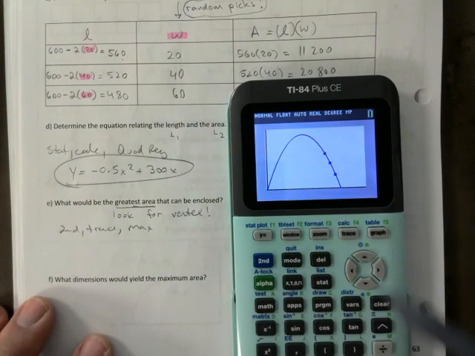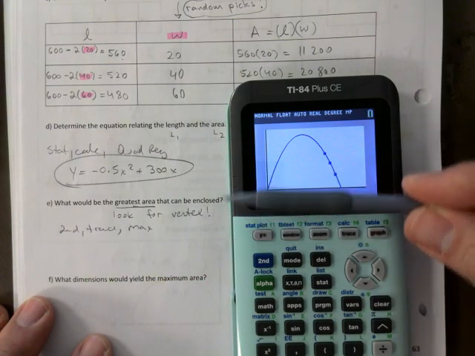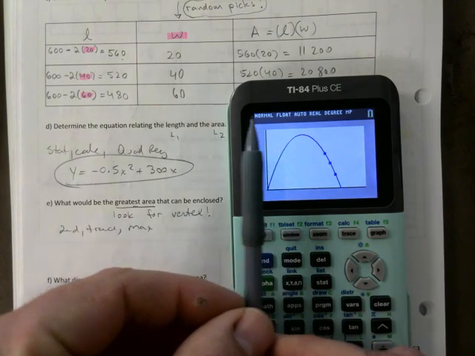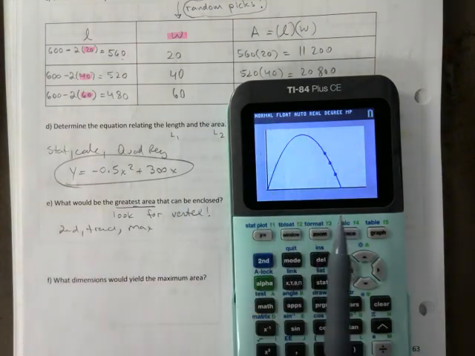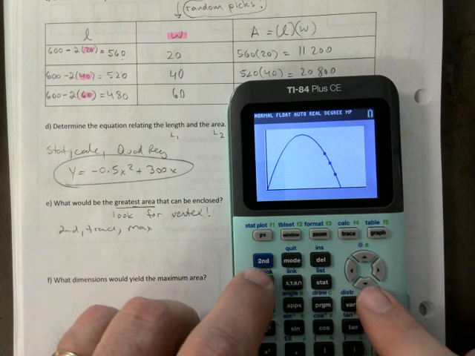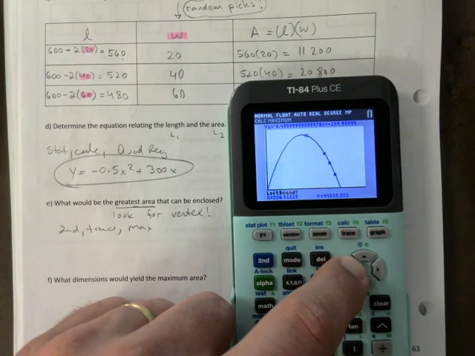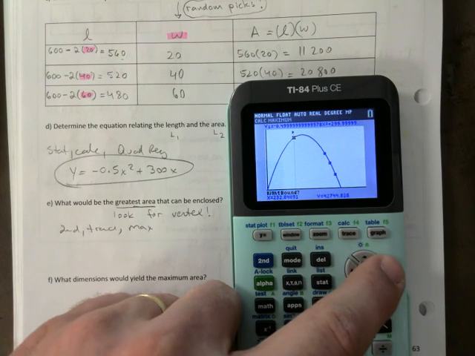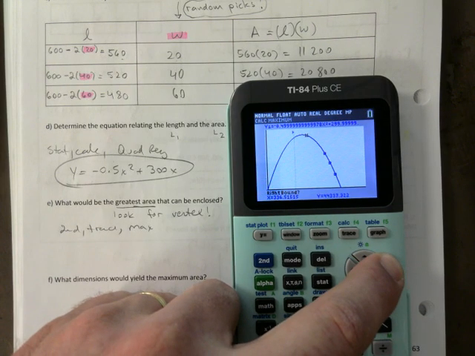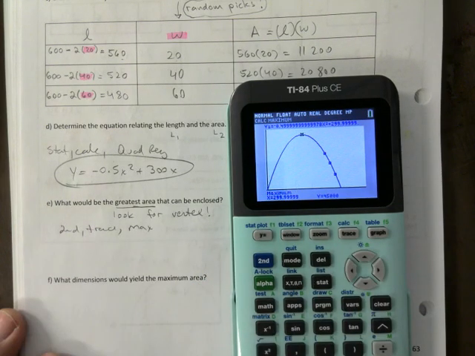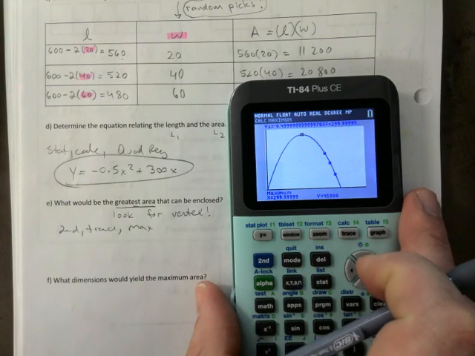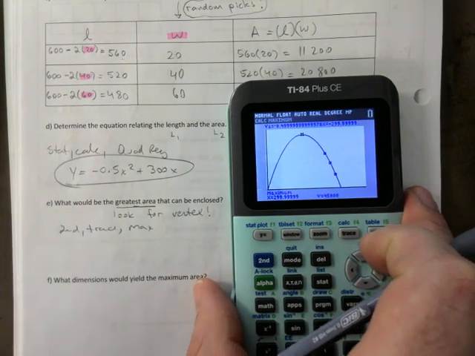And you cannot have negative areas and you cannot have negative length, right? So we're assuming it's quadrant 1 again. So second trace 4 for the max. Let's go ahead and find it. There it is. 299.99. Right?